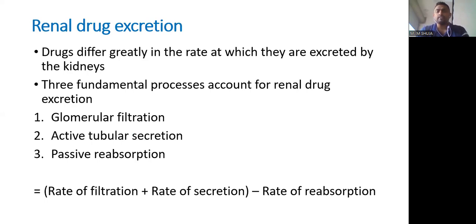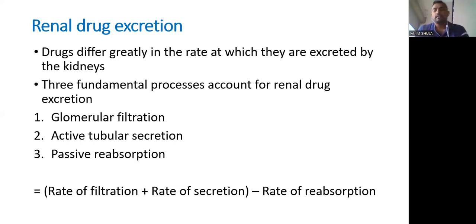There are three ways the drug can get excreted in the kidney. All three are fundamentals of renal function. One is glomerular filtration. The other is active tubular secretion. The third is passive reabsorption.